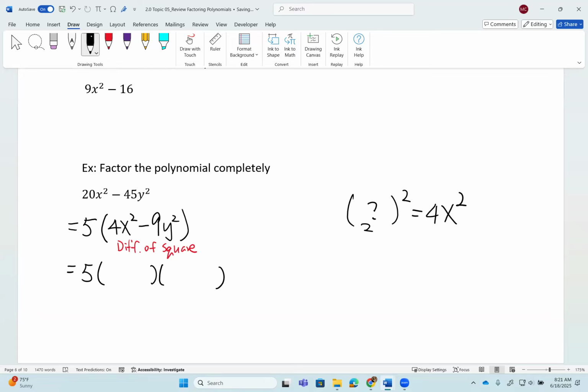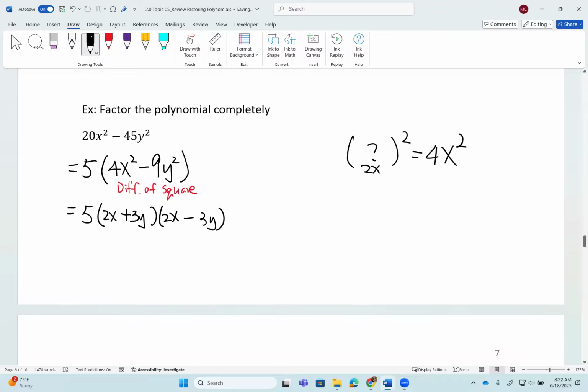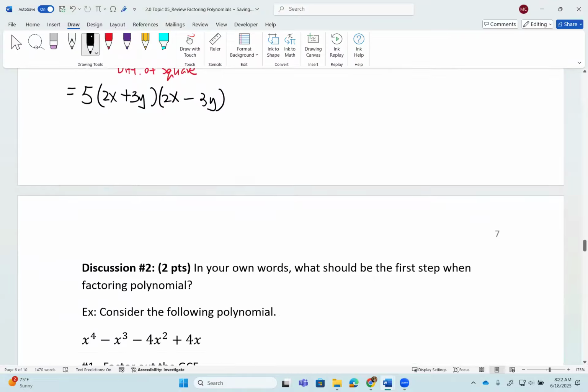Before x squared was squared, it must be x, because 2x whole thing squared will be 4x squared. So my a is 2x. My b, before 9 was squared, was a 3, and before y squared, it must be y. So b is 3y. One plus, one minus. There you go. That's the answer: 5 times 2x plus 3y times 2x minus 3y.